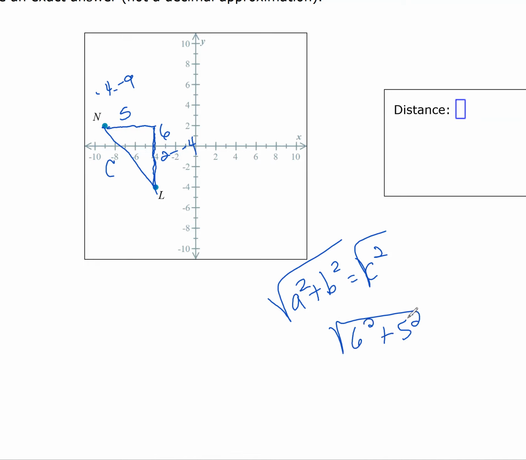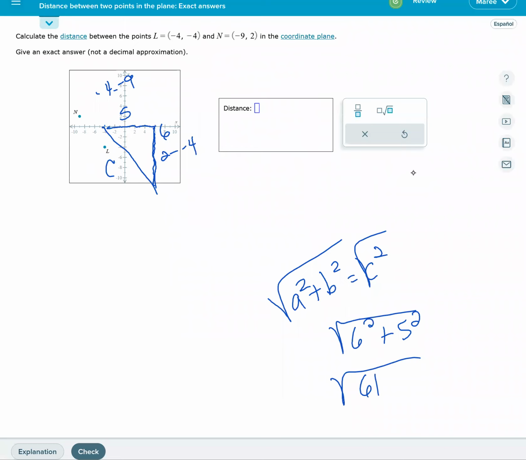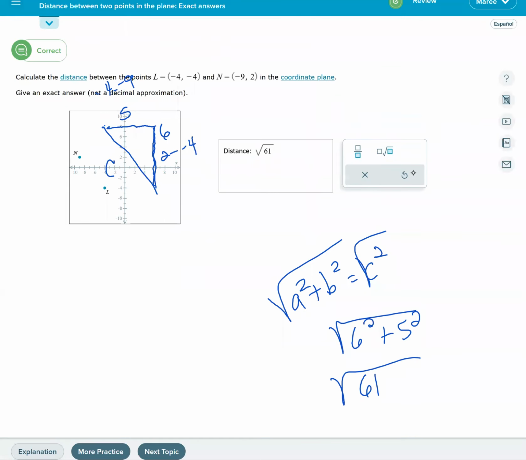And they want exact answers. So we have the square root of 36 plus 25, which is 61. I think that's prime. So our distance will be the square root of 61. I don't think we can simplify that anymore.